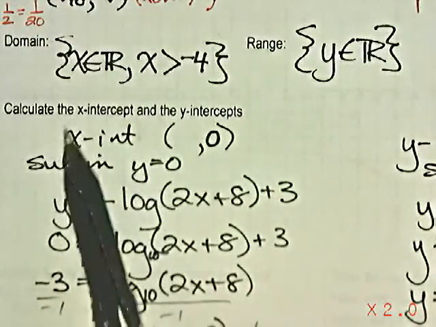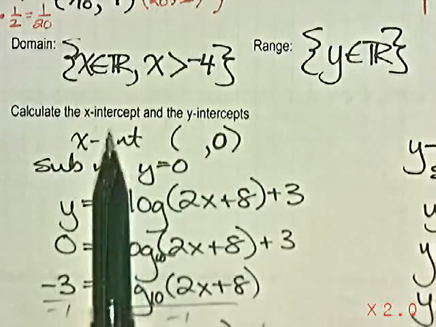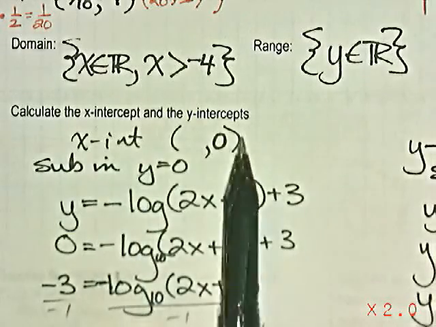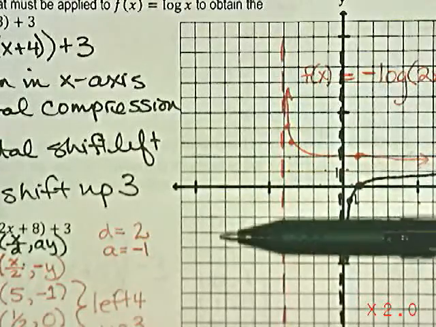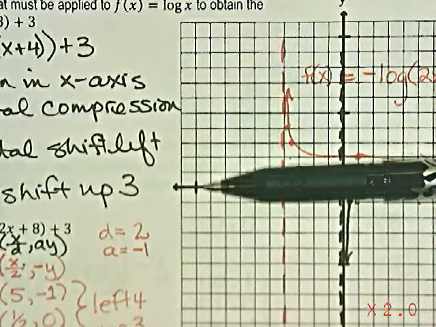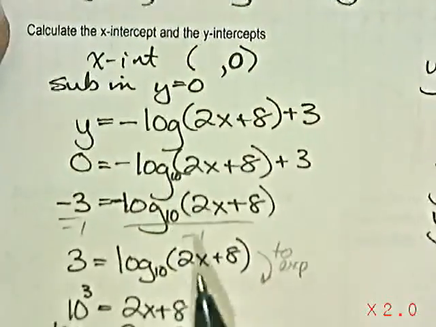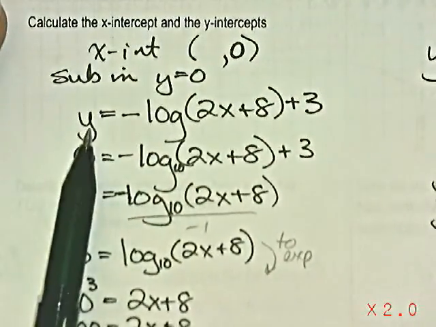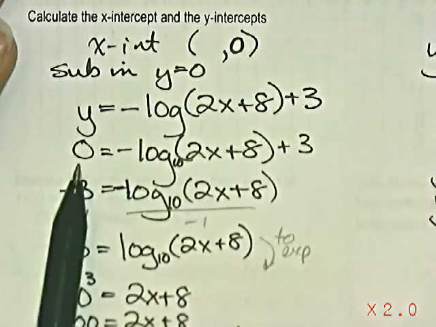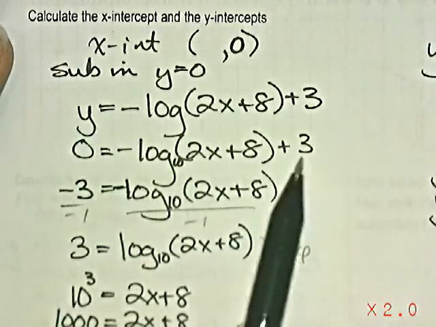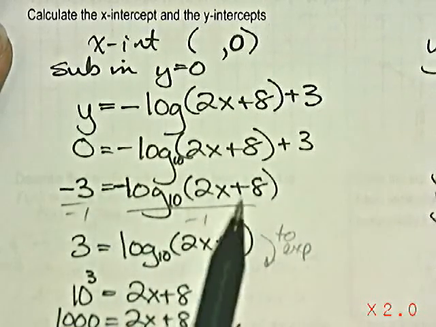Now, calculating the x and y intercepts. Remember, your x-intercept, you want to have a dot on the x-axis. You do not want to have a y value. You don't want to go up or down, so your y needs to be 0. When we have a y value of 0, we put the 0 here, and we need to solve for our x values. So we'll subtract 3 from both sides, and we get a logarithm.